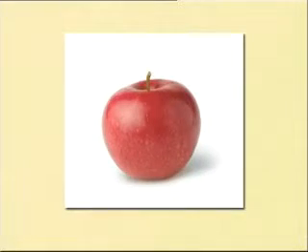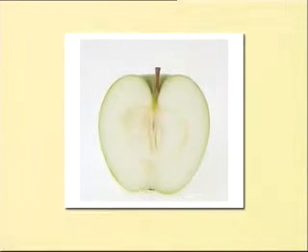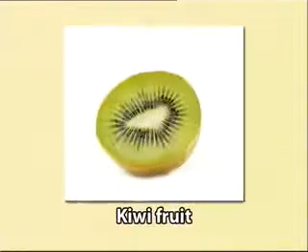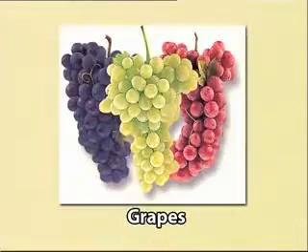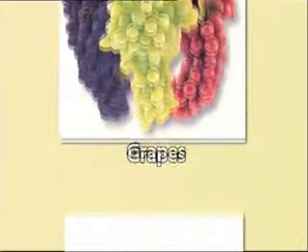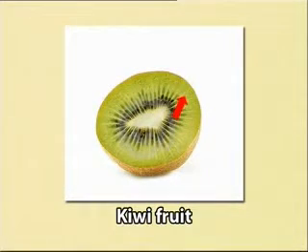For example, in apple fruit, cells closest to the core are smallest, with cell size increasing towards the fruit surface. Conversely, in many berries such as kiwi fruit and grapes, the smallest cells are found in outer regions of the pericarp, with size increasing progressively towards the inner region.